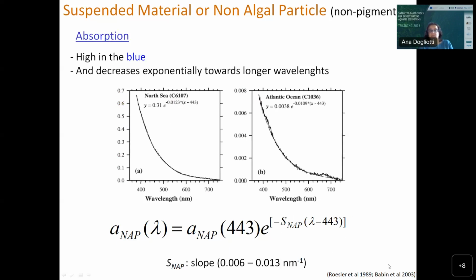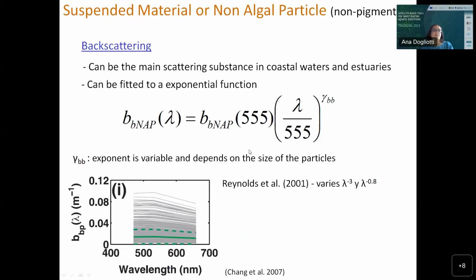In different references or studies, this slope has shown quite a variability, ranging from 0.06 to 0.13. So this is how it looks. And the difference is that this absorption doesn't have the peak, which is characteristic of the pigmented particles.